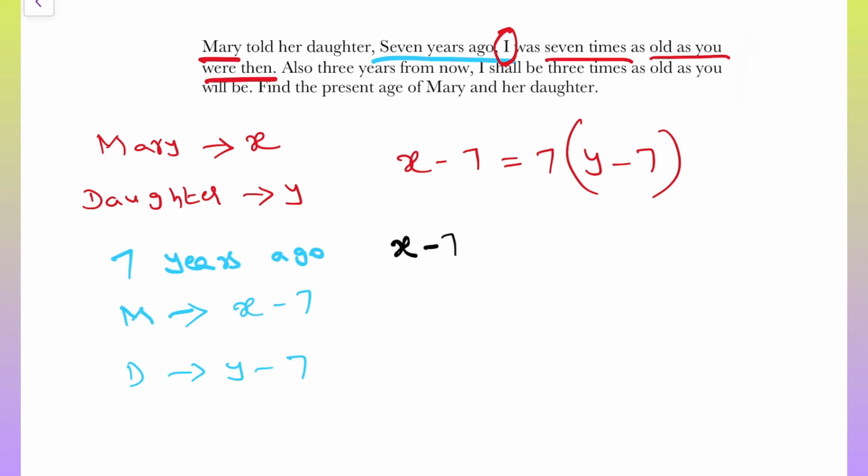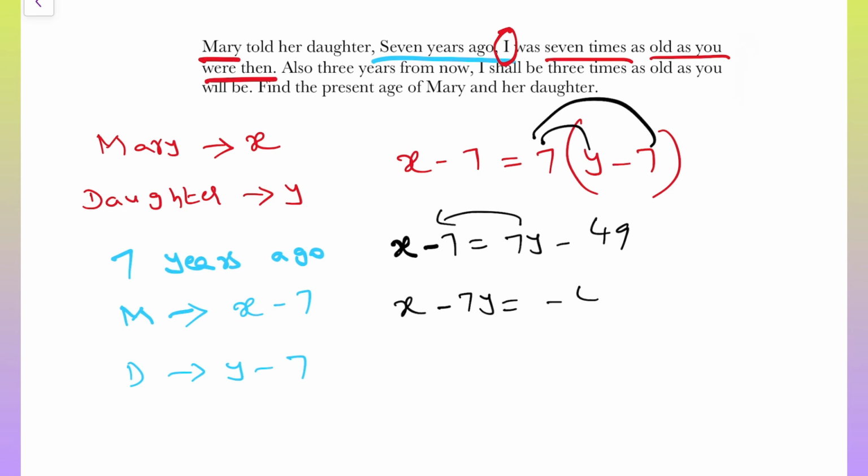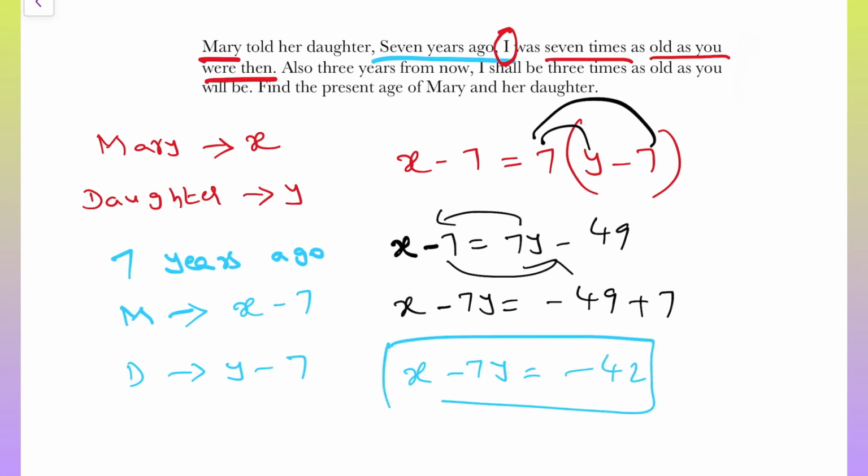X minus 7 equals 7 into y, 7y, minus 7, 7 sevens are 49. Now x as it is, 7y I am taking to the left side, it becomes minus 7y, equals minus 49, and as it is minus 7 I am taking to the other side, it will become plus 7. So finally we will get x minus 7y equals minus 49 plus 7, that is minus 42. This is equation number 1.